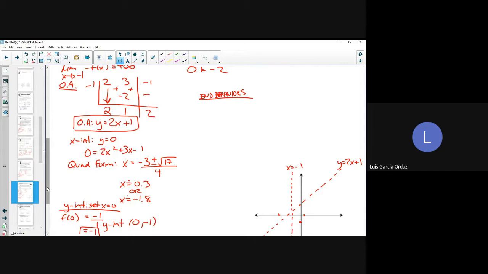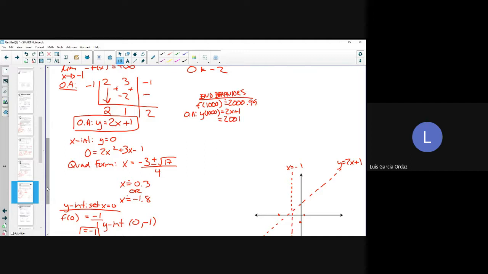Okay, so with oblique asymptotes, I have to sub a really big positive x value for my original function and then for my oblique asymptote function. So let's sub in f at 1,000 for my regular function, which is the rational, and I get approximately 2,000.99. So if I have my oblique asymptote, let's sub in y at 1,000 for 2x plus 1, and that gives me around 2,001.